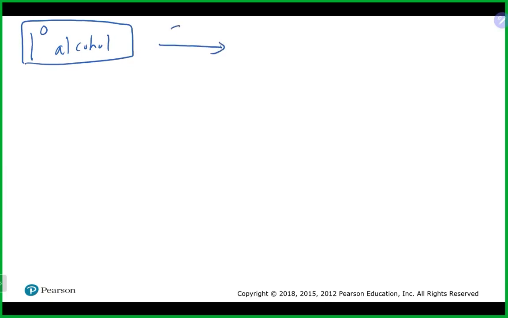So if you are dealing with a primary alcohol, if you take a primary alcohol and you put it through an oxidation reaction, by the way, that is sometimes the symbol that is used to imply oxidation is occurring in this case.